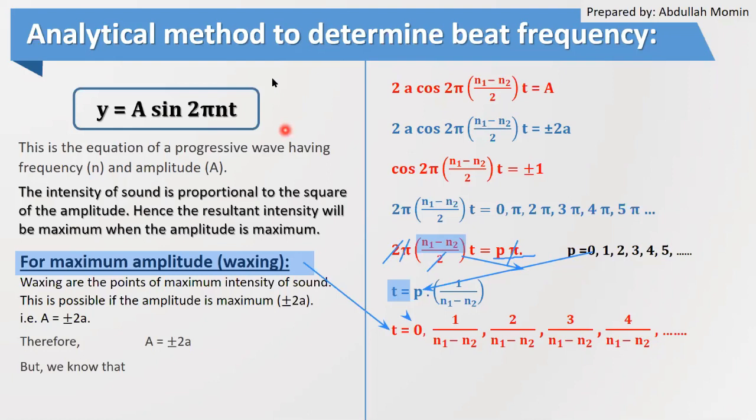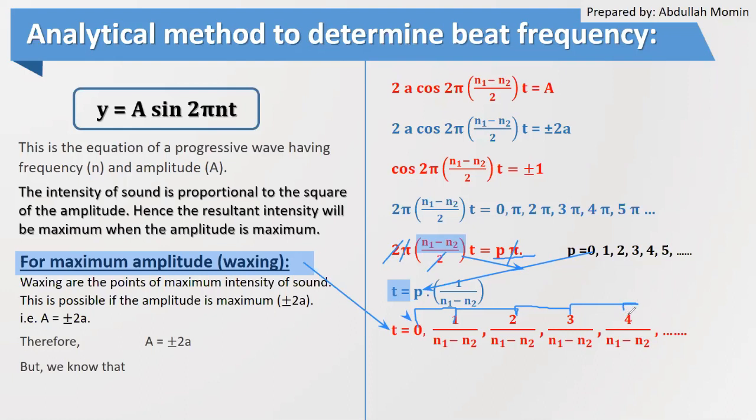So what is the time difference between two successive waxings? First and second, second and third, third and fourth, fourth and fifth.